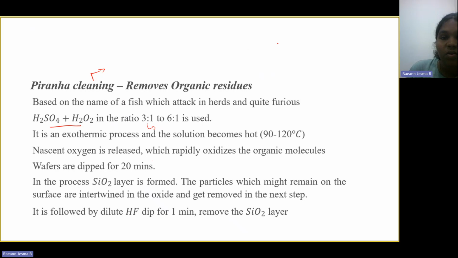One important thing is that SiO2, silicon dioxide, is hydrophilic, which means it is moisture loving, whereas silicon is hydrophobic. It hates moisture.